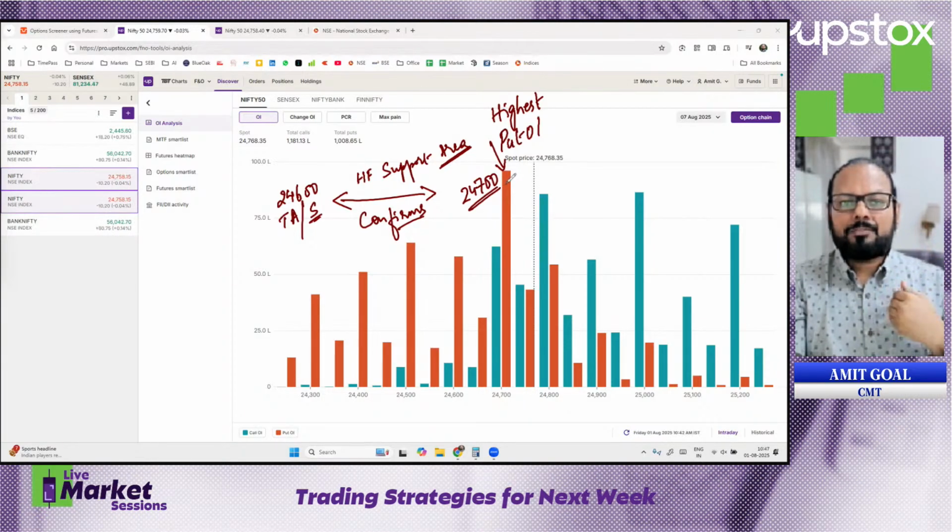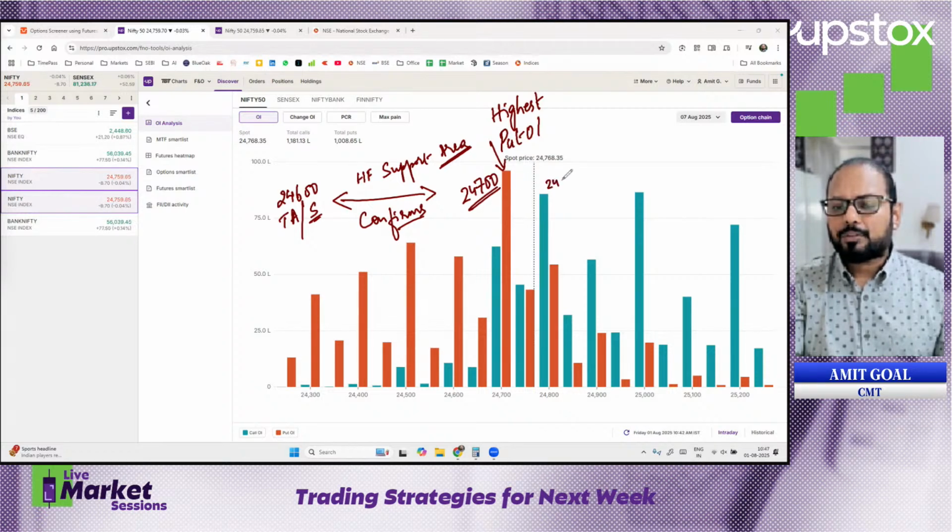So I am not saying that we are becoming outright bullish or bearish on the market. All we are trying to do is read the price action, read the tape and the option chain. Is this clear, everybody?